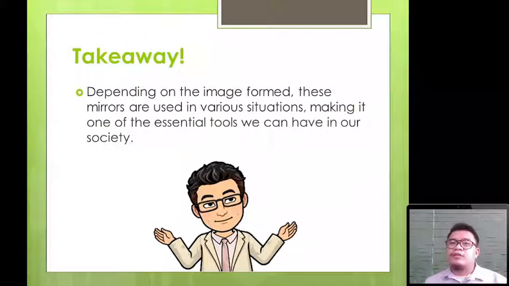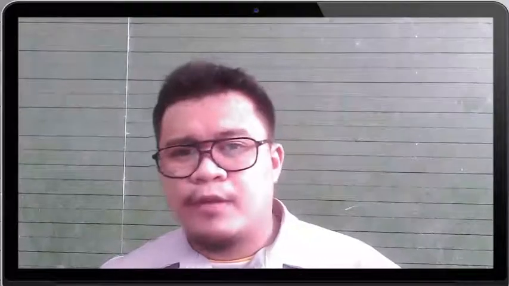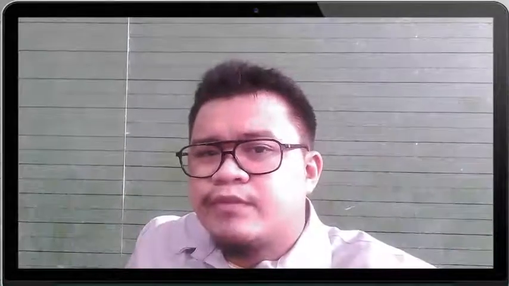And that completely ends our discussion for this encounter. To summarize everything, there are two kinds of mirrors, concave and convex. And each of these kinds of spherical mirrors has different image characteristics depending on where the object is placed in front of it.